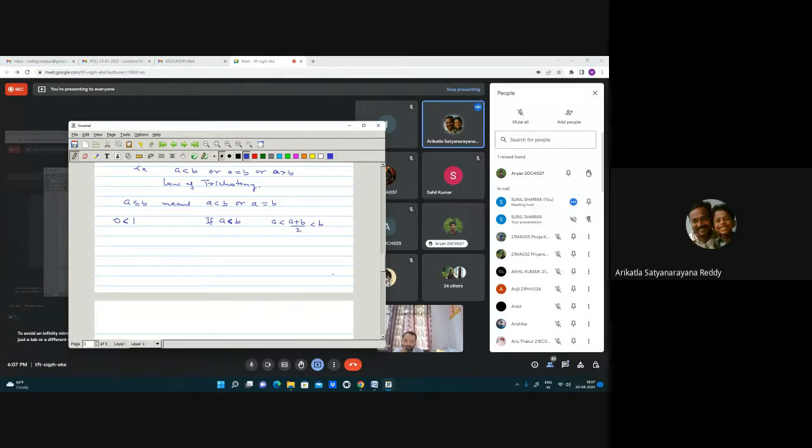How do you prove this? Aryan is claiming this; he is giving one more property: if A is less than B, then A plus B by 2 is less than B. So Jyoti, why do you think it is correct?